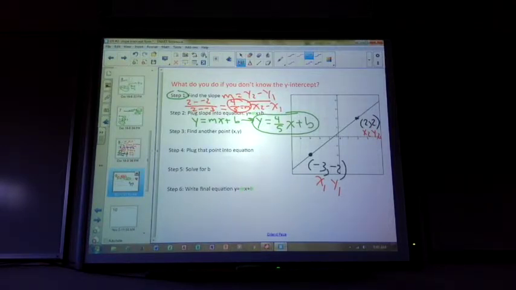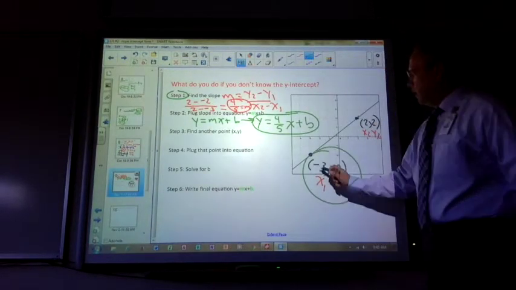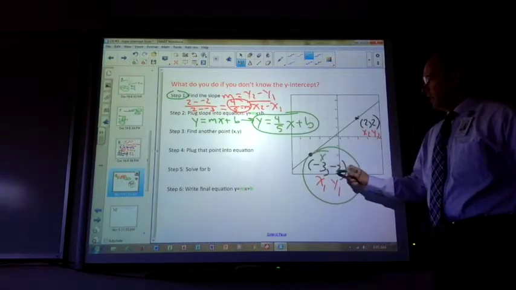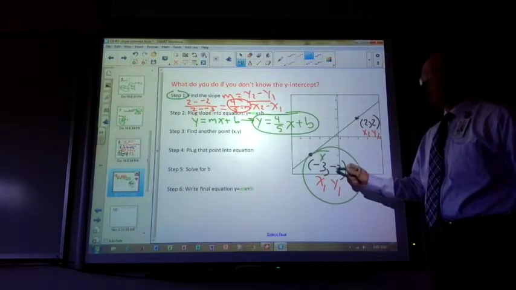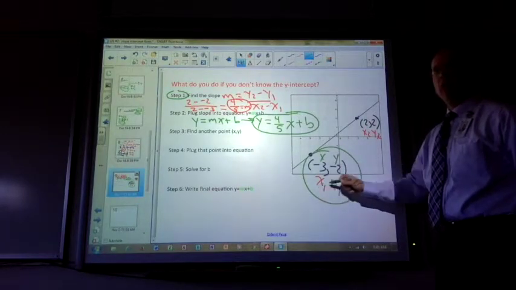Reese, which one of those points do you want me to pick? You pick one. -3 and -2. Okay. Reese is choosing this one. -3 is what value, x or y? -2 is what value, x or y? X, y. Now we did label it x1, y1.